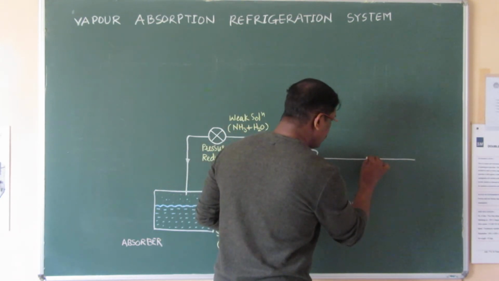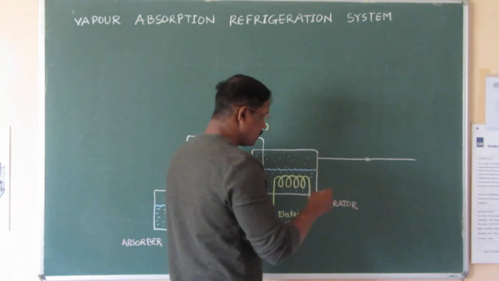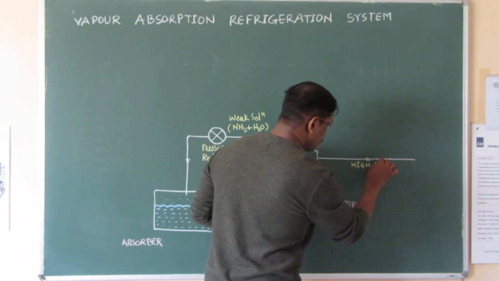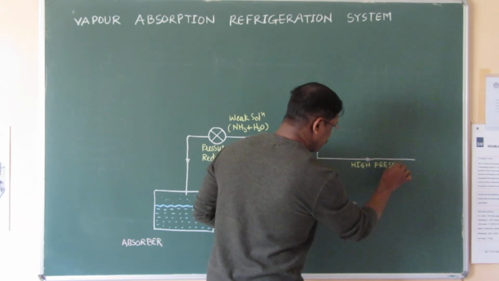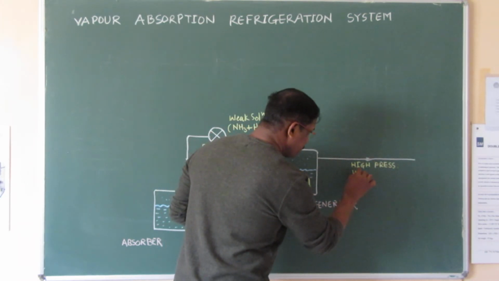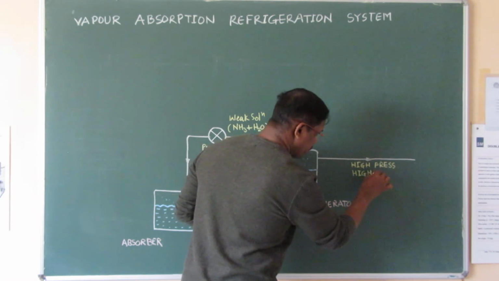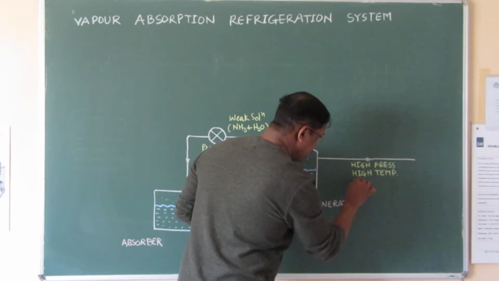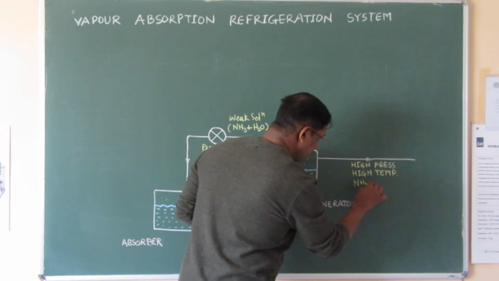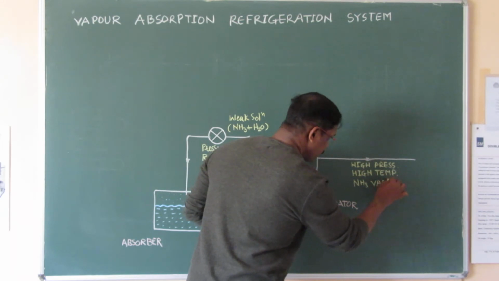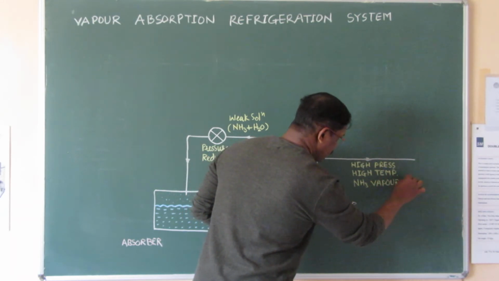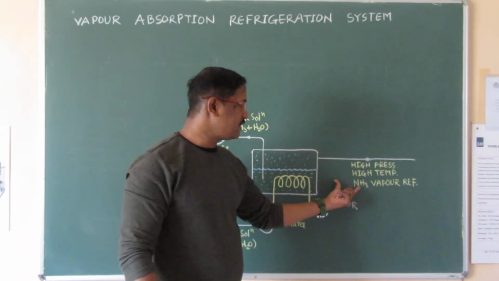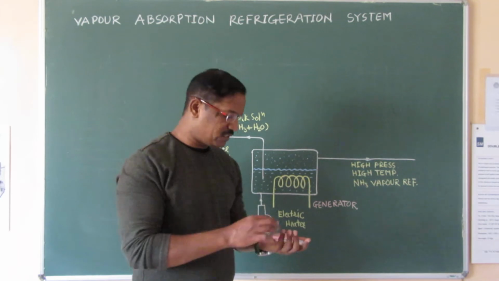So the output of the generator is high pressure, high temperature vapor, but ammonia NH3 vapor refrigerant. So these ammonia vapors are supplied to the condenser.